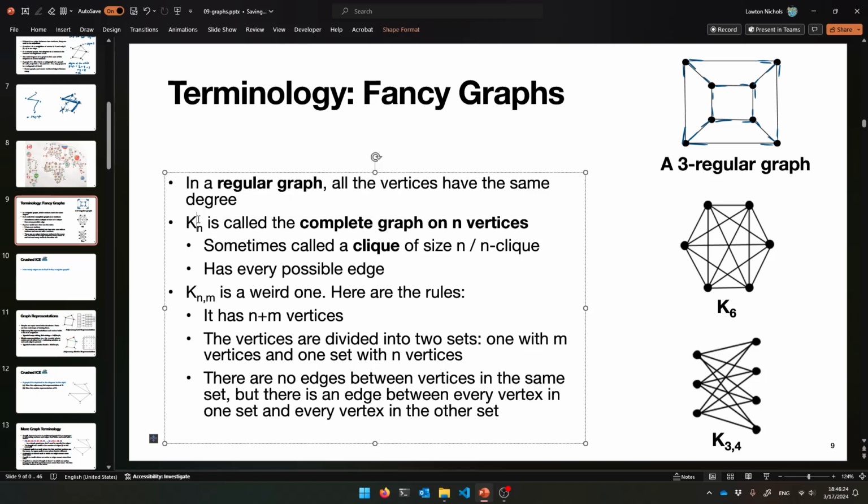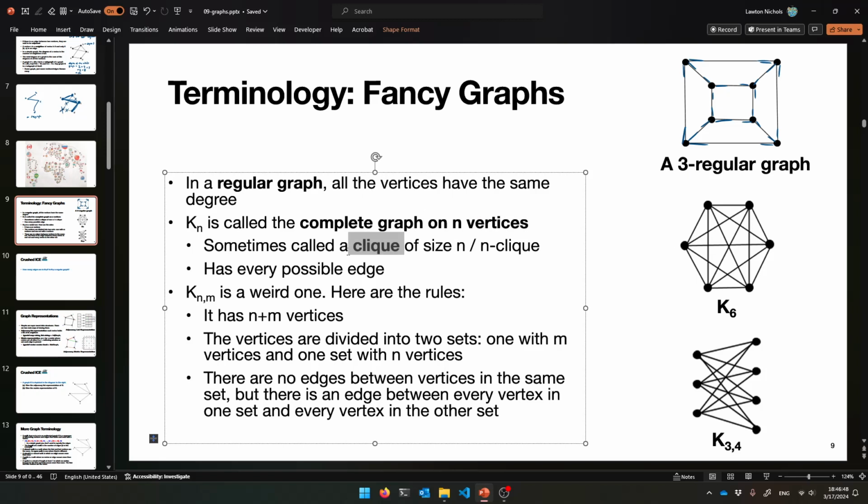If you use the capital K with a single subscript, we call that K for complete, I guess. Kn is called the complete graph on n vertices. That is when every possible edge exists. There's n vertices, and every possible edge is there. Some people call it a clique of size n, or an n-clique.